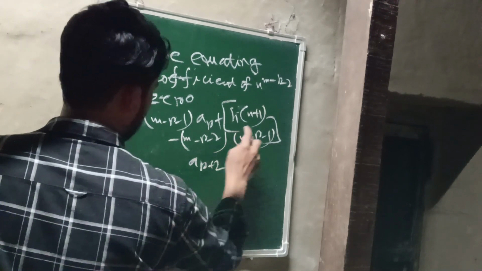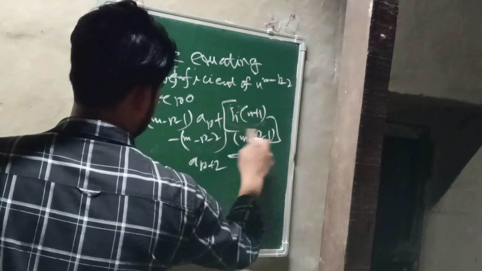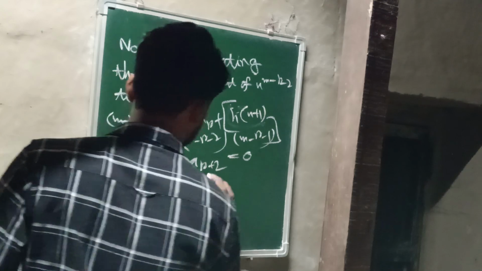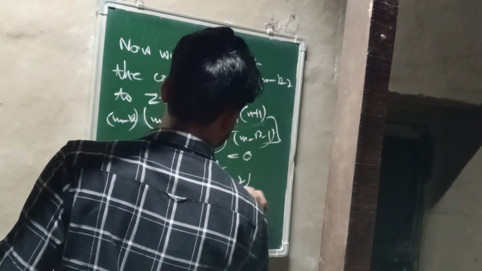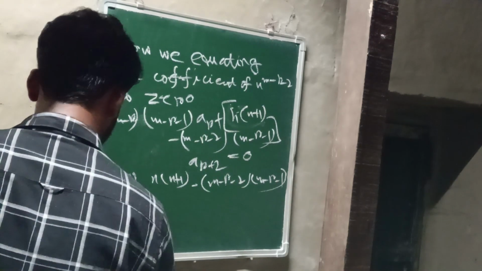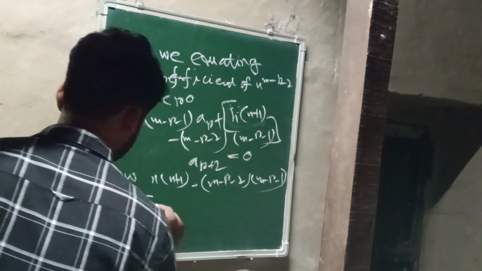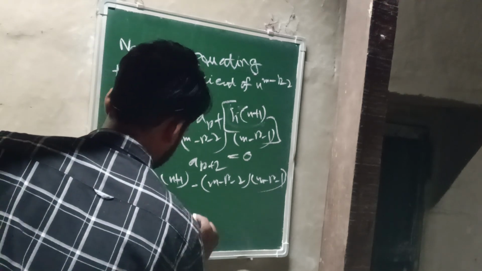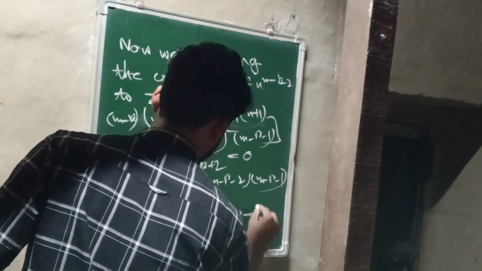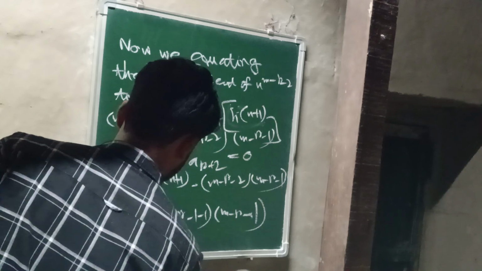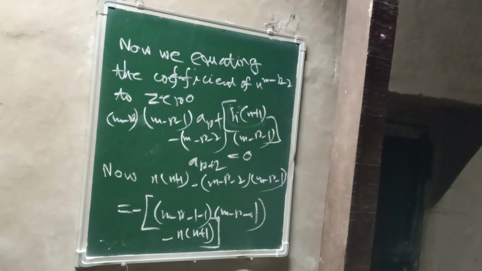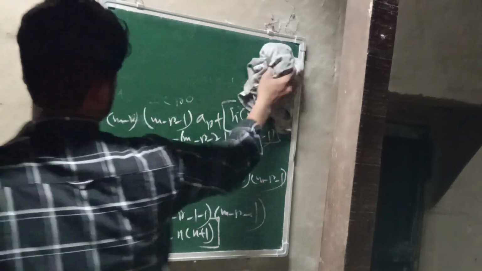Now this n into (n plus 1) minus (m minus r minus 2)(m minus r minus 1) equal minus (m minus r minus 1)(m minus r minus 1 minus 1) minus n into (n plus 1). Let's clear it.